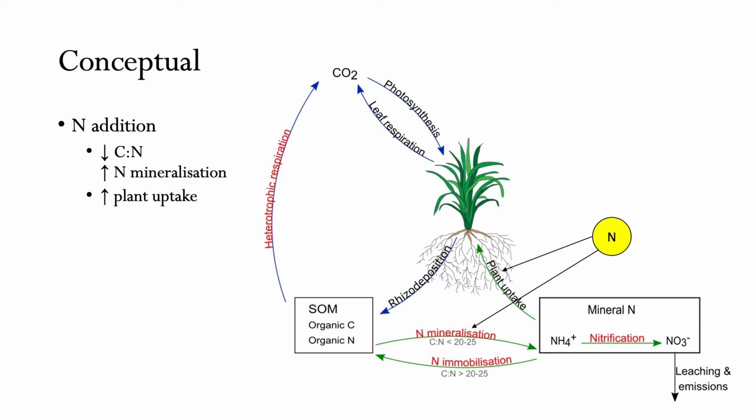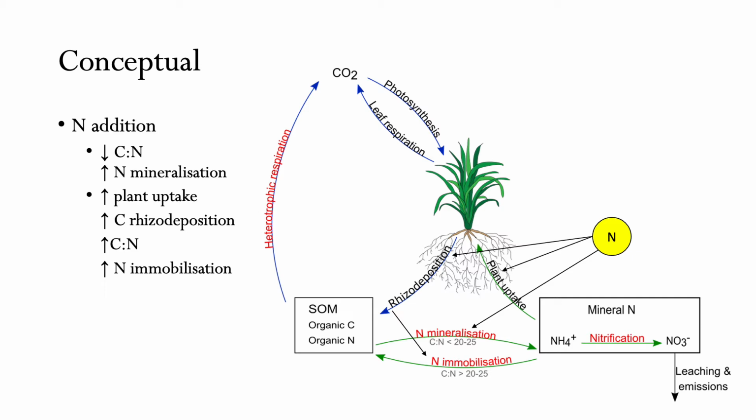When the plant grows better because of better nitrogen, it probably photosynthesizes more, and with that also releases more carbon through rhizodeposition into the soil. This would then increase the carbon to nitrogen ratio, which would favor nitrogen immobilization.